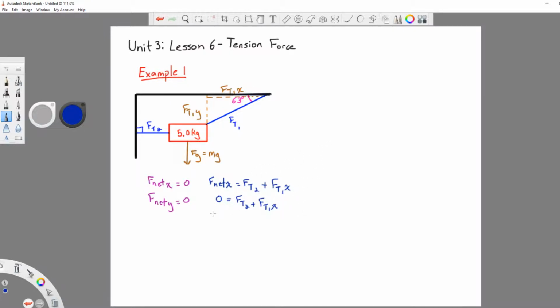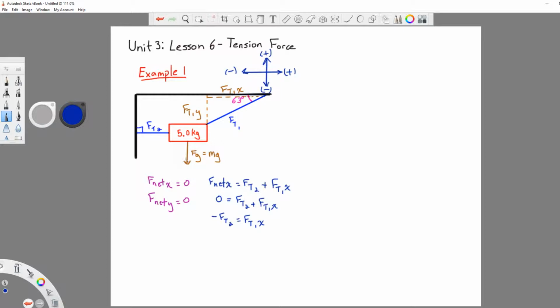We can see that negative FT2 is equal to FT1x. If we draw our directions on here, which I usually have been pretty good at starting the video with, but I did not for this one, right can be a positive direction, up can be positive, left we can say is negative, down we can say is negative.